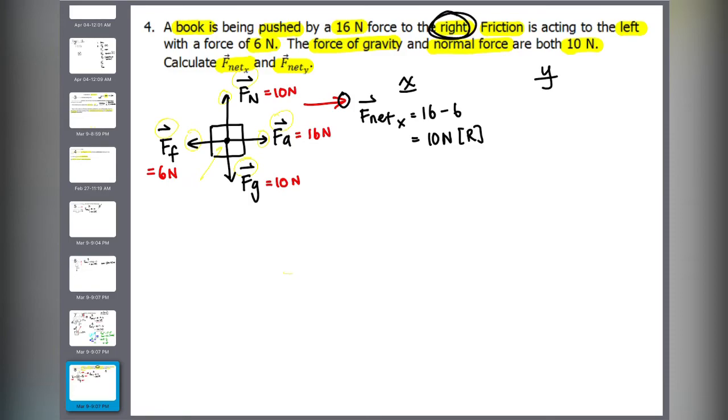Okay, net force along Y. Now here is the part, I know it's so obvious, we know it is 0. I want you to keep in mind, if I know that the net force is 0, there's actually a backwards thinking. Okay, I know the net force is 0. Do I go up minus down or down minus up?